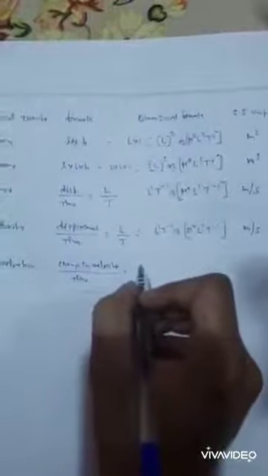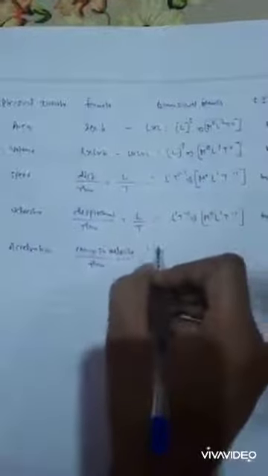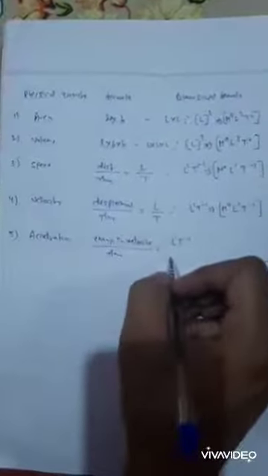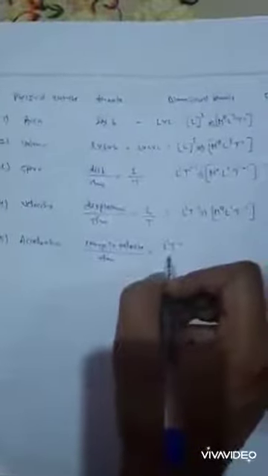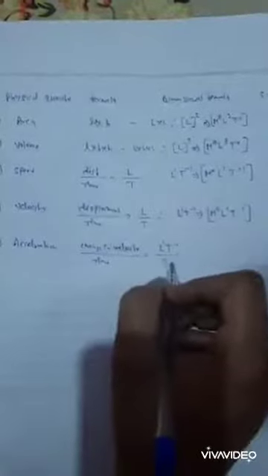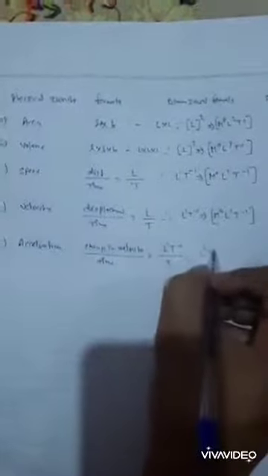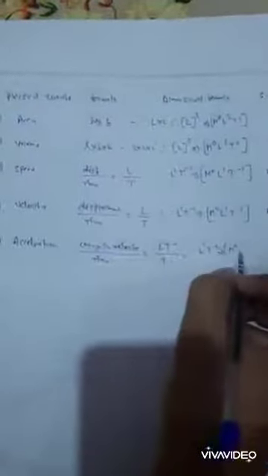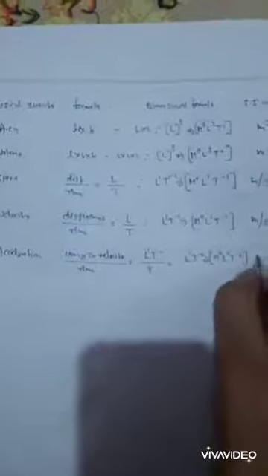So we know that velocity dimension is L T minus 1 and time is T. So the final formula will be L1 T minus 2. So the dimensional formula would be M0 L1 and T raised to power minus 2, and the unit is meter per second square.